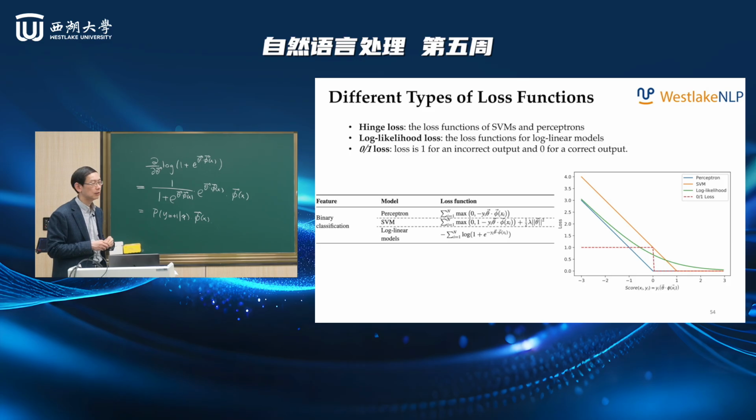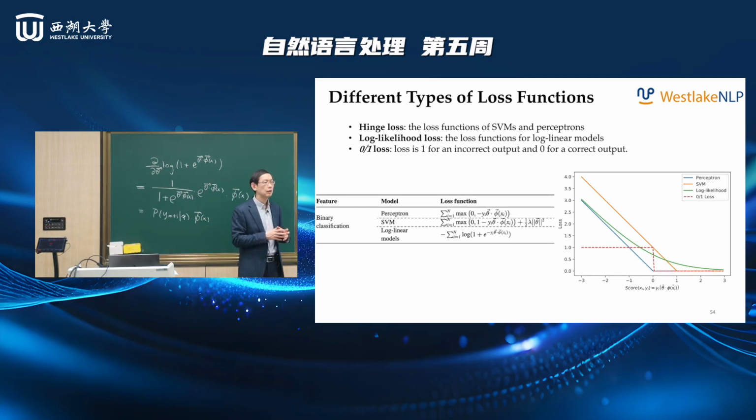The picture is shown here. Different lines shows different models. Okay, the x-axis is the score theta dot phi. Okay, the y-axis is the loss function.